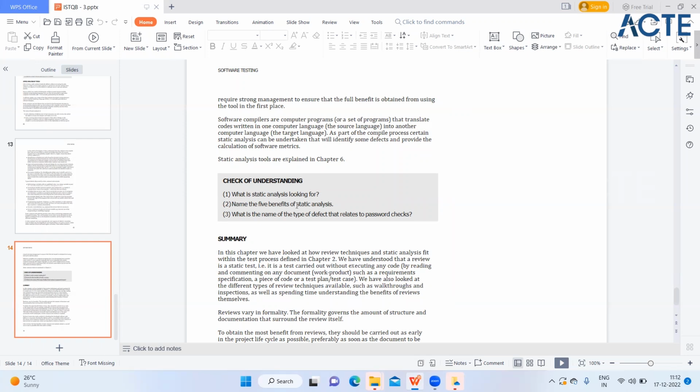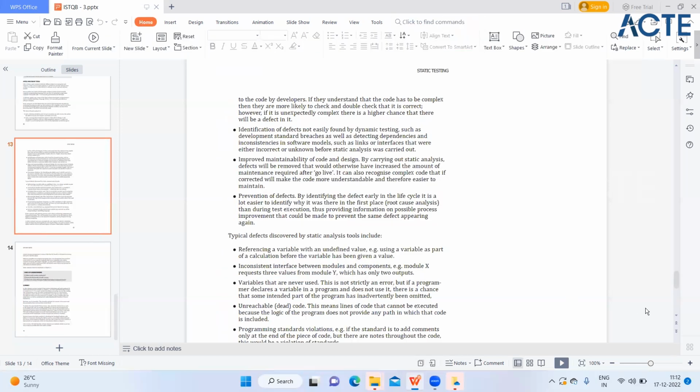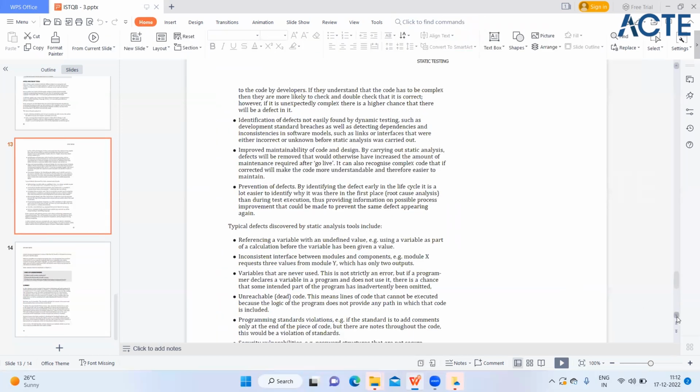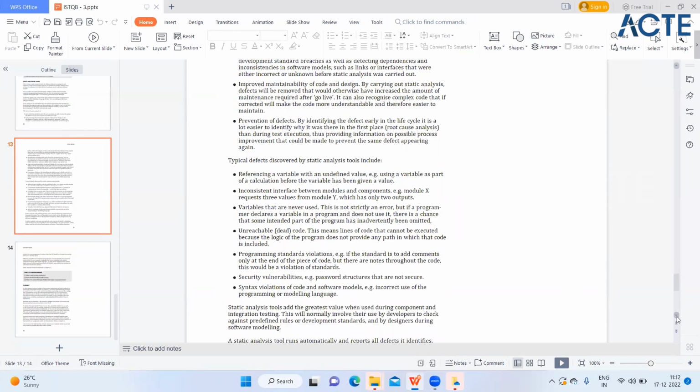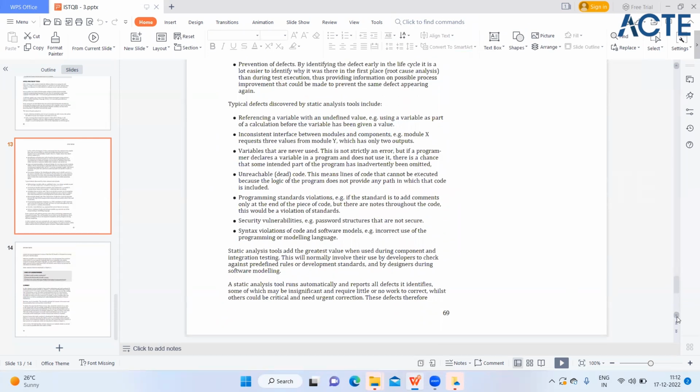Now name the 5 benefits of static analysis that you can always define. What is the name of the type of defect that is related to password check? So what is the name of that type of defect that relates to password check? You can read this slide and provide the answer. Definitely you'll get a kind of option in your exam, like what is the tool which we are using.